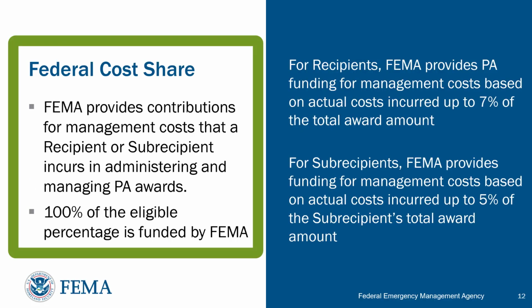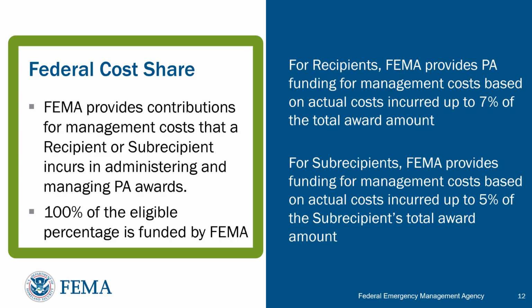Something nice about management costs, our Category Z, is that the cost share does not apply to it. If you are unfamiliar with how Public Assistance works, a normal project is paid on a 75-25% cost share. FEMA will always cover that 75%.